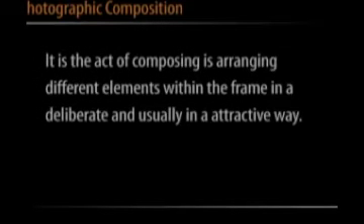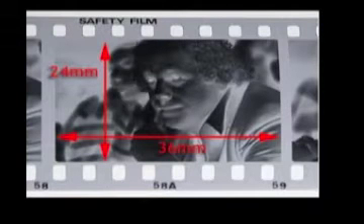The act of composing is arranging different elements within the frame in a deliberate and usually attractive way. Now, what is a frame or a format? What is essential in any pictorial composition is a frame or a format.